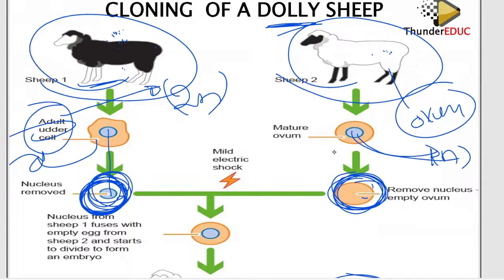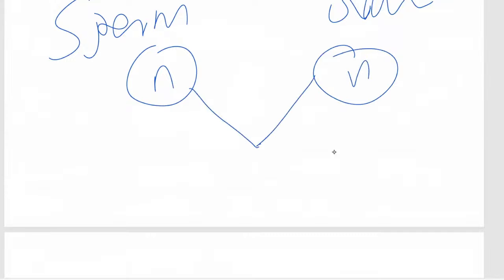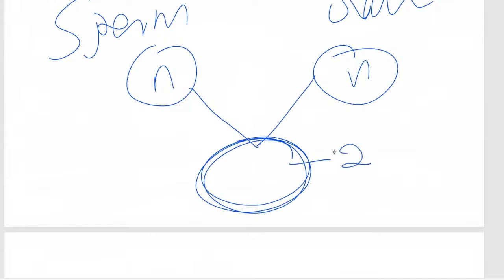Let me do a small recap. Remember, when you have a sperm, it is haploid. The ovum is also haploid. When you combine the two, you form a diploid.